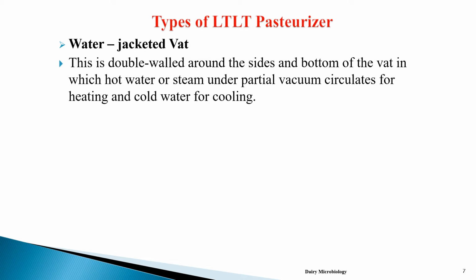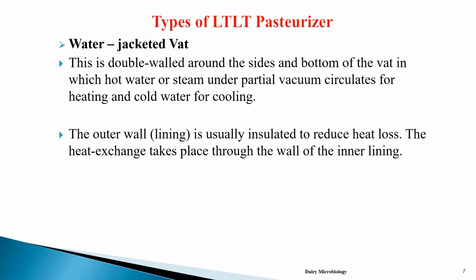Types of LT pasteurizer. The first type is the water jacketed vat, which is a double wall vat in which hot water or steam under partial vacuum circulates for heating and cold water for cooling of the milk.